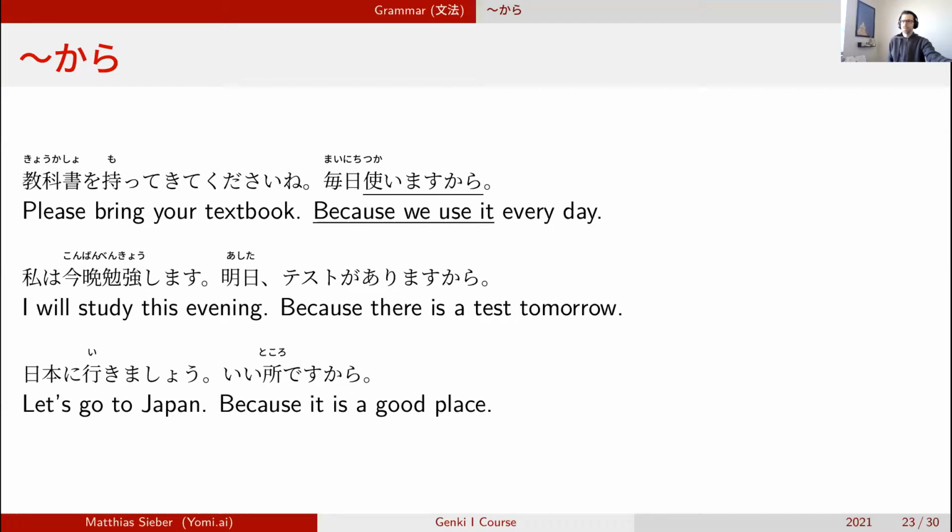Yeah. Because they have good sushi? Exactly. おいしい寿司がありますから。Very good.